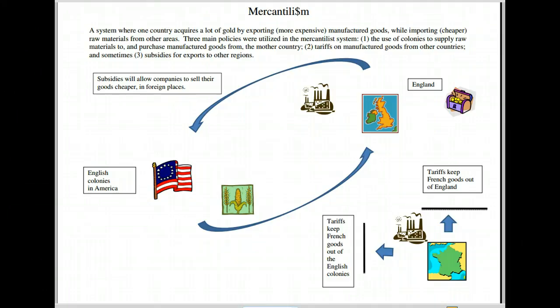There are several problems with mercantilism. These policies would increase tensions between countries, which occasionally would boil over into active warfare. Also, the policy of securing colonies often involved war against the native peoples, and in order to defend or enlarge one's colonial empire, wars were often undertaken against other colonial powers seeking the same colonial territory and the same raw materials.